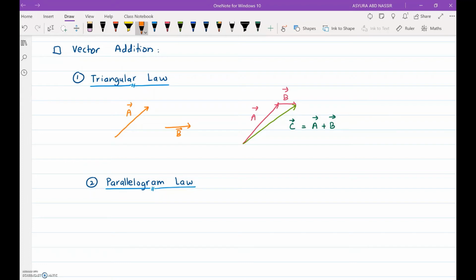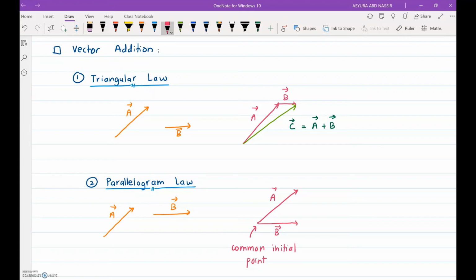Now for the parallelogram law. Let's say we have two vectors. The first one is vector A, and this one is vector B. For the parallelogram law, we will put them at a common initial point. Here we have A, and this one is B. If you can see here, they have the same initial point.